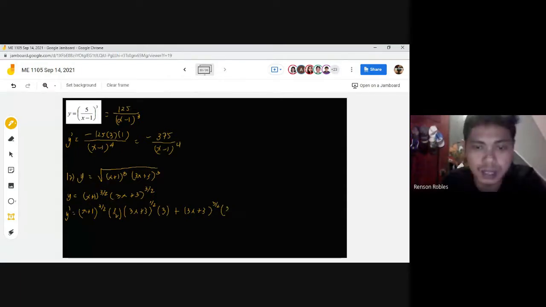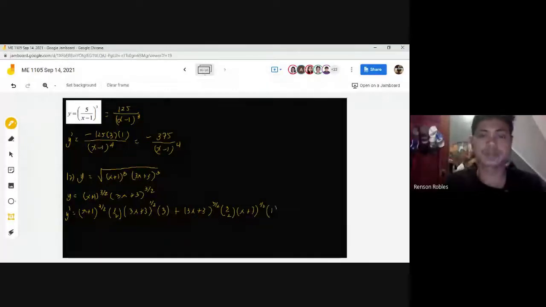So 3 halves x plus 1 raised to 1 half times derivative of x plus 1, which is 1.